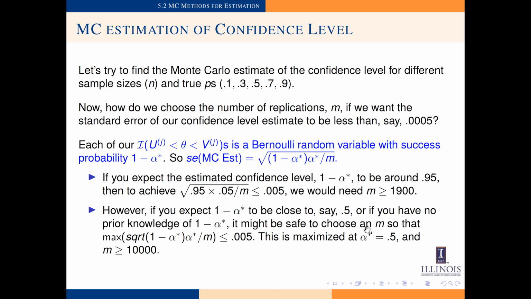In this case, you can choose an M so that the maximum of this thing for any possible alpha star value is less than or equal to 0.005.